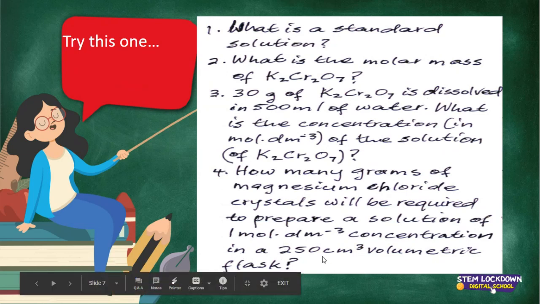And even if it's given in cubic centimeters, you divide by 1,000 to convert to cubic decimeters. So let's continue and try to answer these questions together. This is based on the activity that we did in our previous classes.